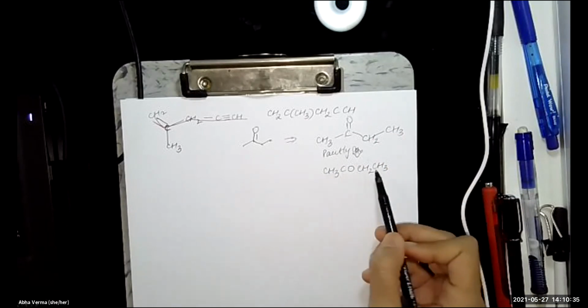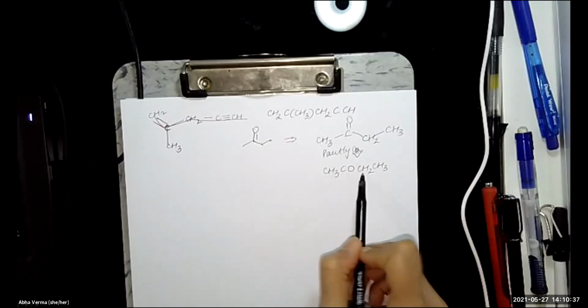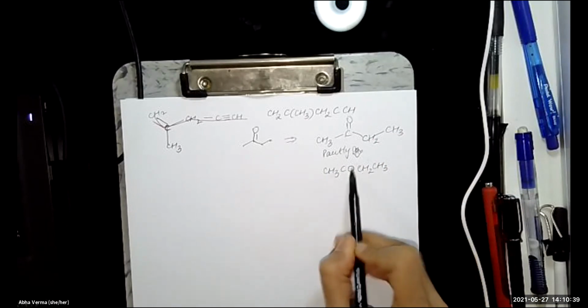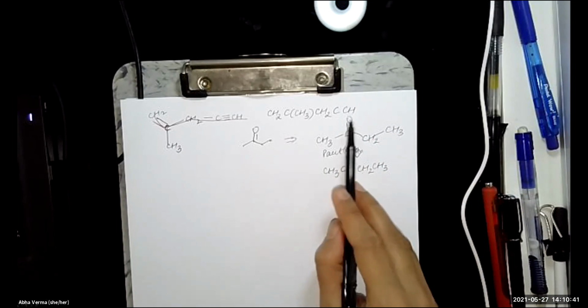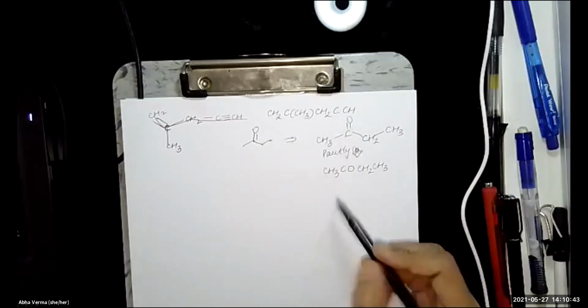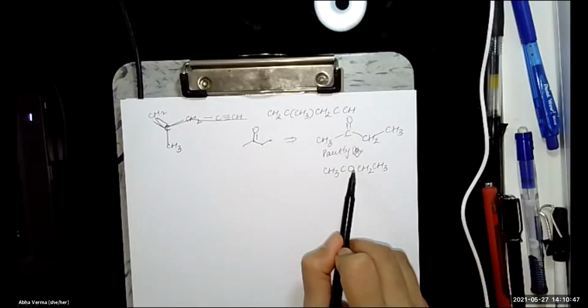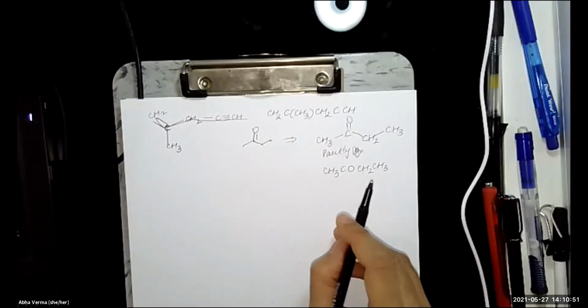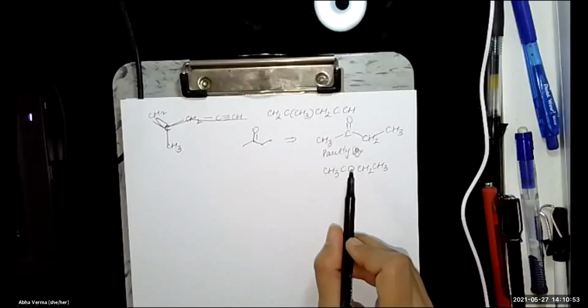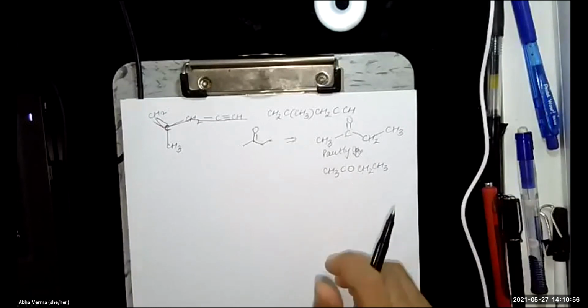So if you look at this, CH3CO, CH2, CH3, the CO belonged to this double bonded oxygen. There are no hydrogens here, no hydrogens here. So that should give you a clue that you have a pi bond in your structure.